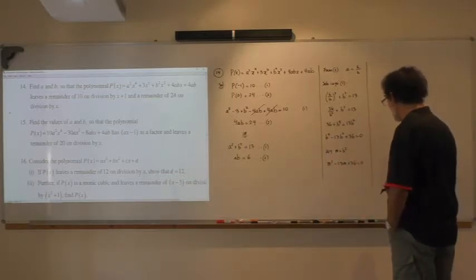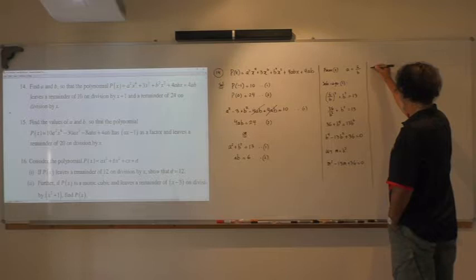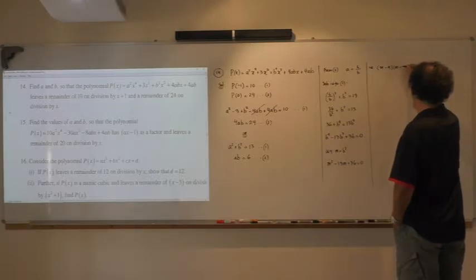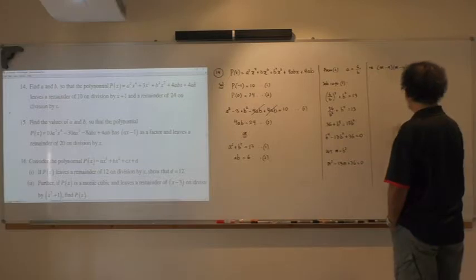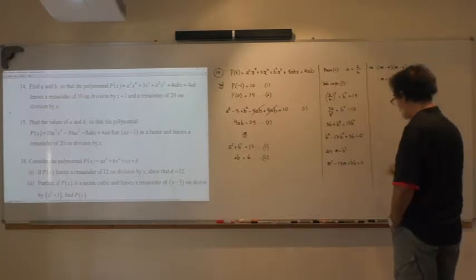And the numbers are negative 4 and negative 9. So we have m minus 9 and m minus 4 equals 0. Therefore we're going to have two answers: m is equal to 4 or m is equal to 9.